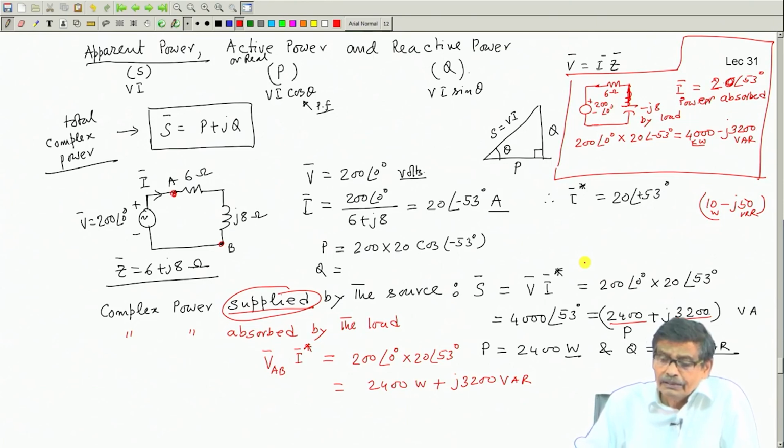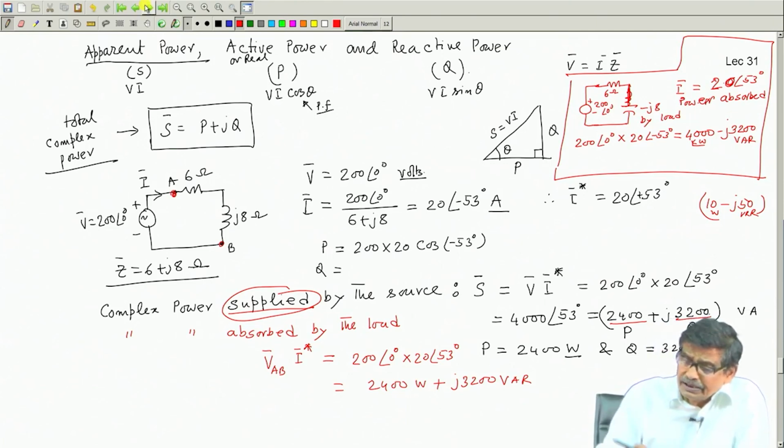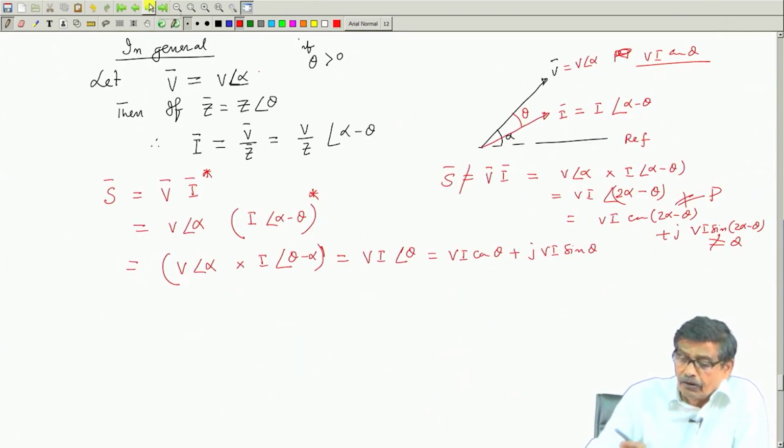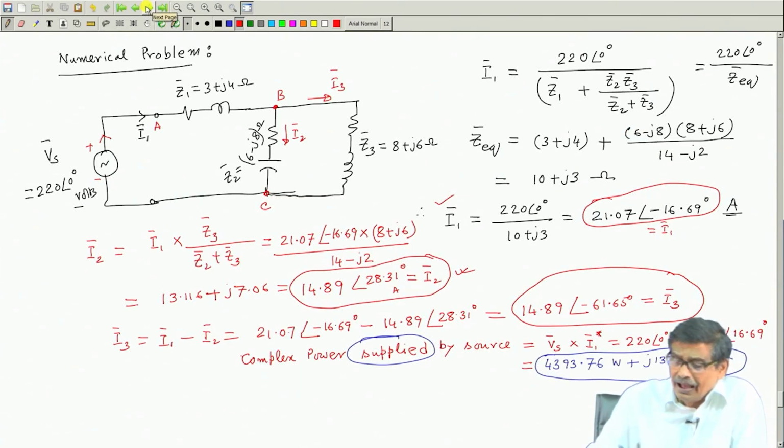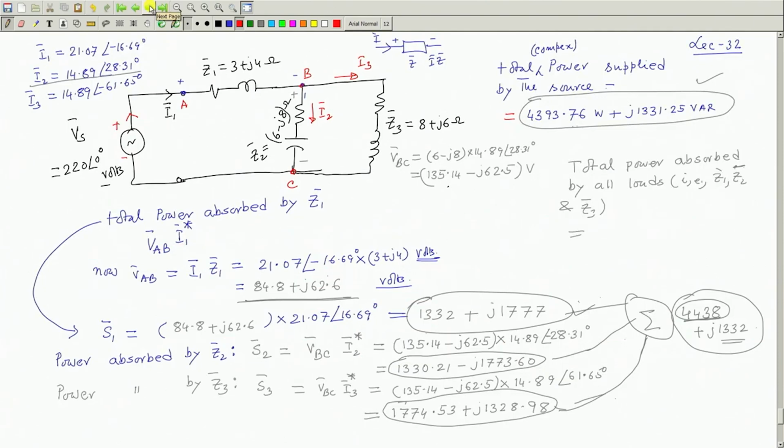Got the point? Therefore, it is very easy to calculate the power balance of an AC circuit also. I will give you several problems, but kindly redo this problem yourself, and if possible correct the numbers here so that they come closely, but it should come equal if you do not truncate anything. You can mail me and correct it.